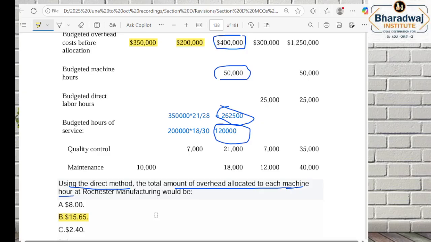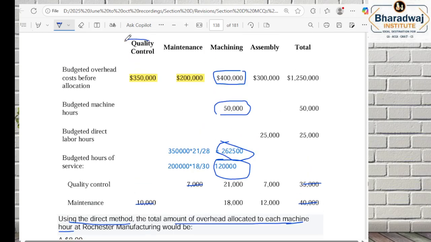And the allocation applied is what you explained. See, it's a direct method of allocation. So ignore the services consumed by other departments.